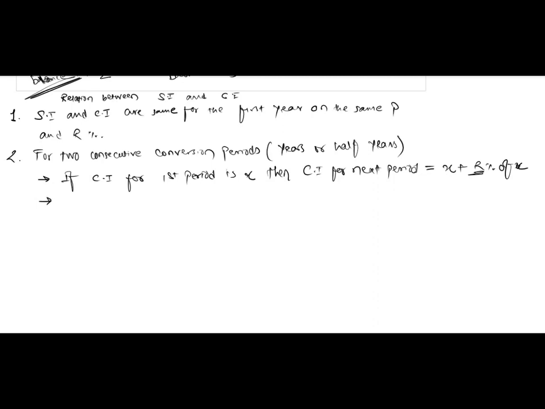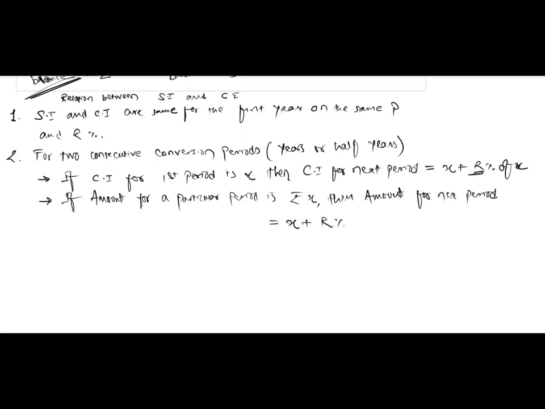The second thing is, if the amount for a particular period is rupees X, then the amount for the next period is equal to X plus R% of X. The same thing.